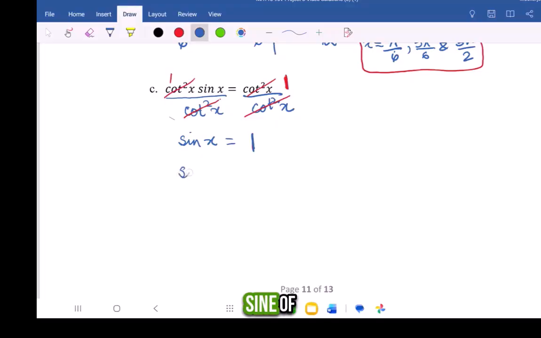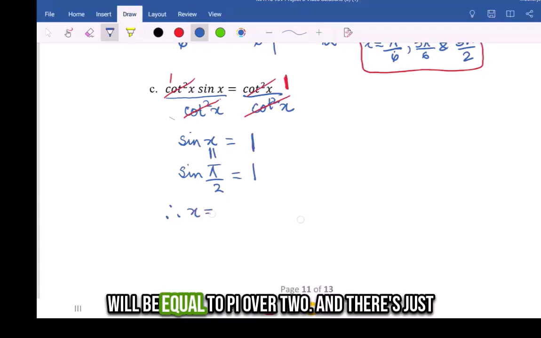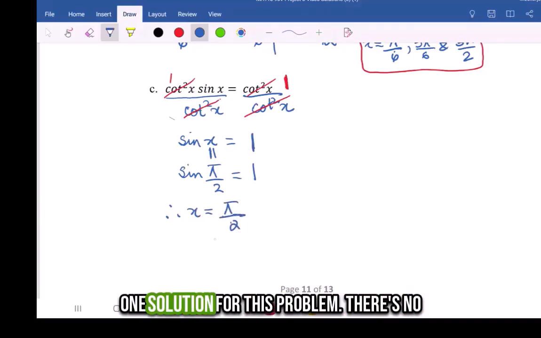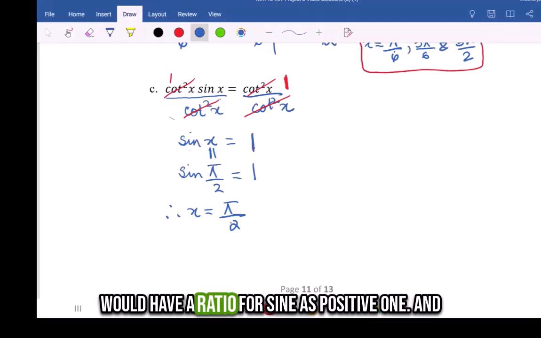Therefore, we write sine of pi over 2 equals 1. Therefore, x will be equal to pi over 2. And there's just one solution for this problem. There's no other angle within 0 and 2 pi which would have a ratio for sine as positive 1.